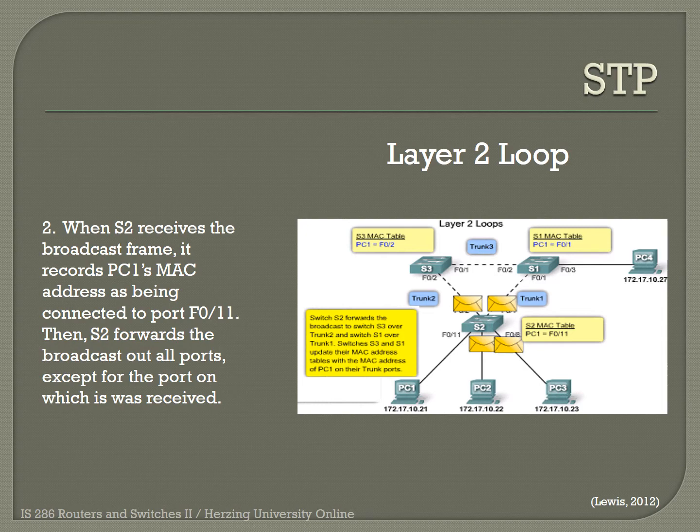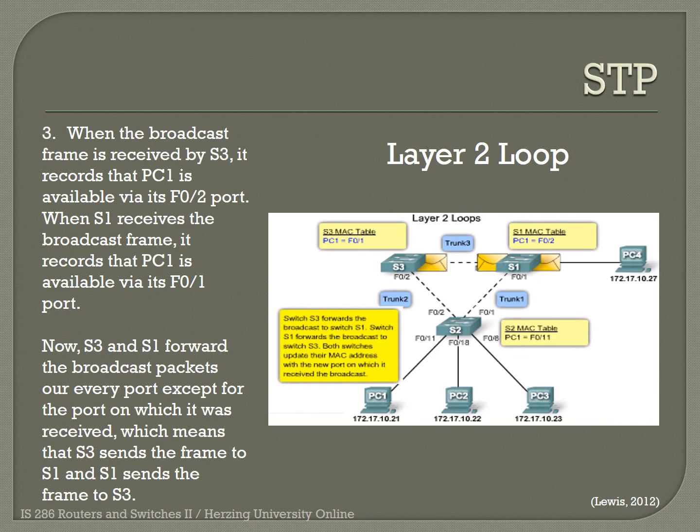Then, S2 forwards the broadcast out all ports except for the port on which it was received. When the broadcast frame is received by S3, it records that PC1 is available via its F02 port. When S1 receives the broadcast frame, it records that PC1 is available via its F01 port.